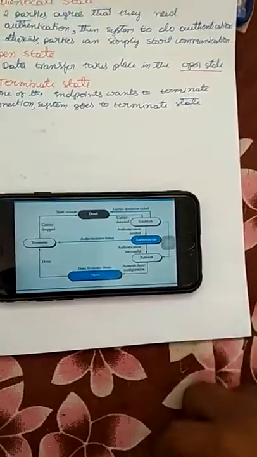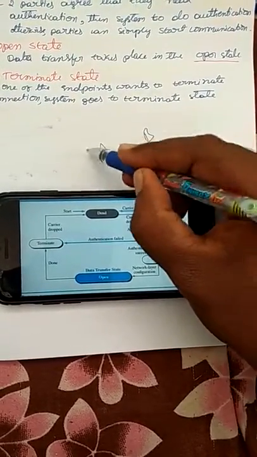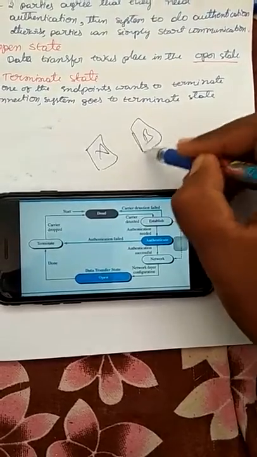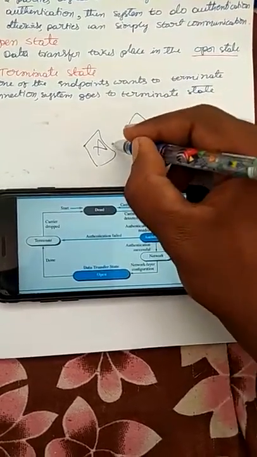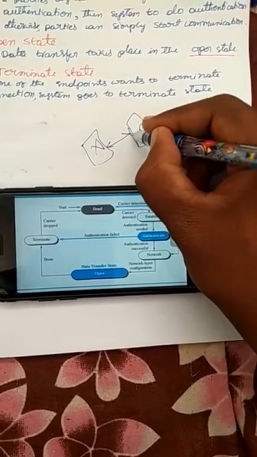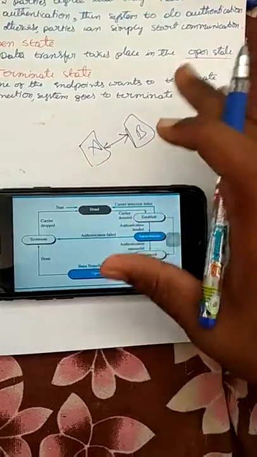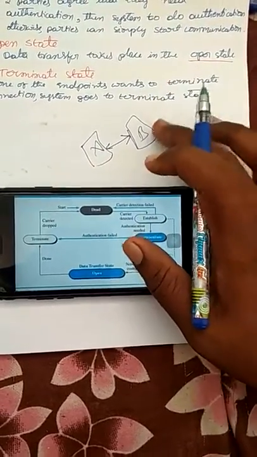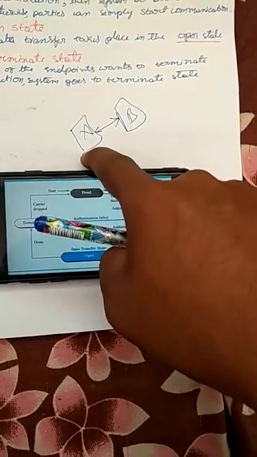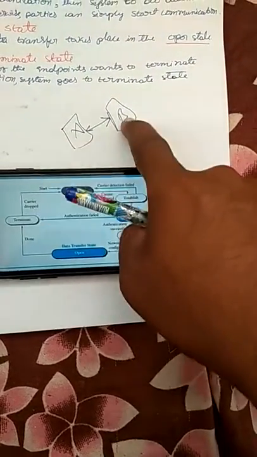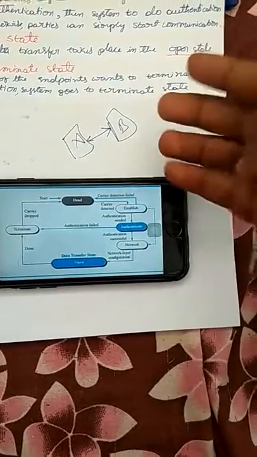Suppose A and B are there. When either one of these parties begins to communicate, establishment happens between A and B. Then these two parties begin to negotiate, means they will discuss with each other.